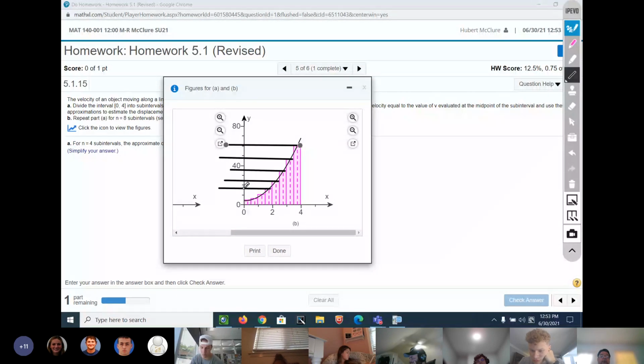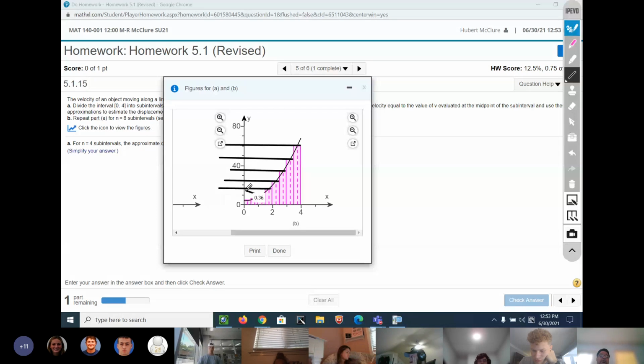That one right there is around 16. And then this one is around 10. This one is around 7. And then this one, it's easy to get them mixed up.